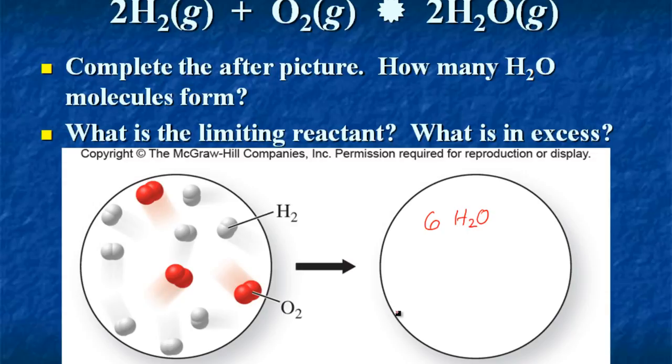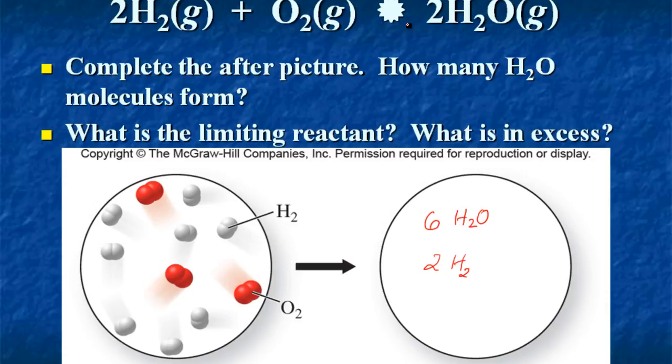How many hydrogen molecules do we have? We have 8. So 2 of them will be left out, right? 2 H2 molecules also will be left out, because you can compare that also.